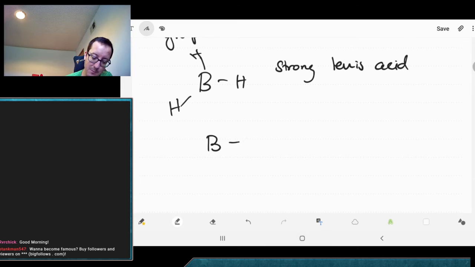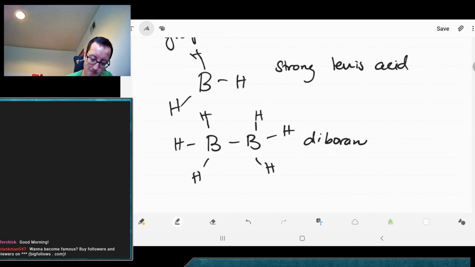Oftentimes you'll actually see that boron will form dimers with itself. This is diborane. This is borane up here. Having its Lewis acid character, it's pretty reactive. Let's see, what can we do with this?